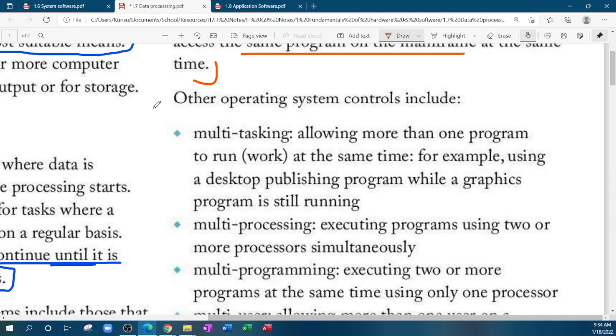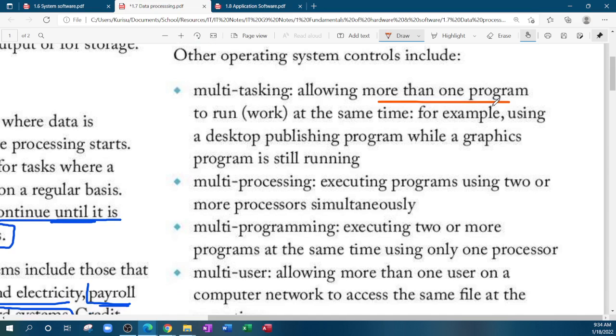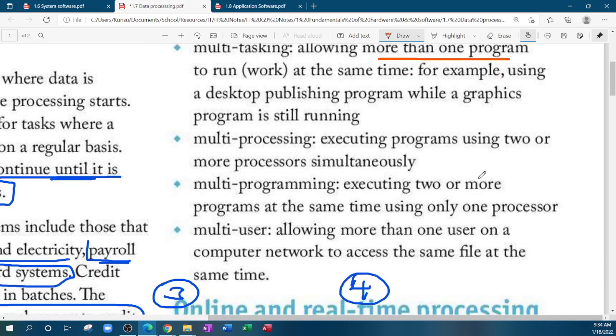Other operating system controls include multitasking, allowing more than one program to run or work at the same time, for example, using a desktop publishing program while a graphic program is still running. Multiprocessing, executing programs using two or more processors simultaneously.